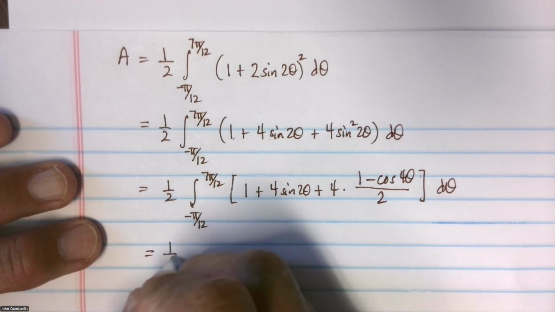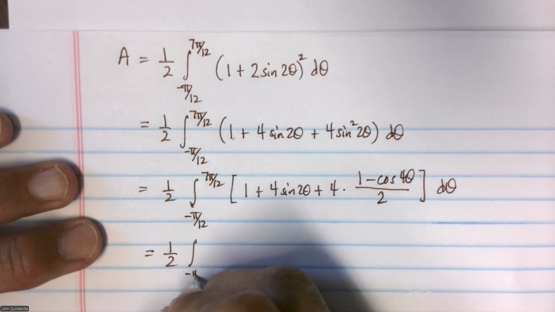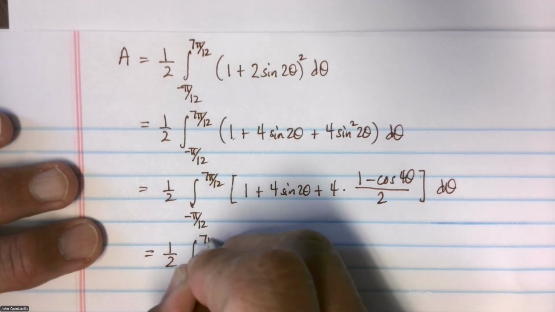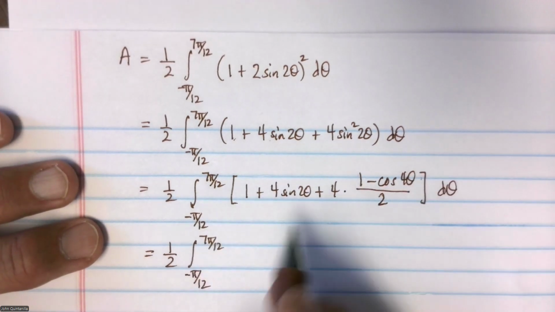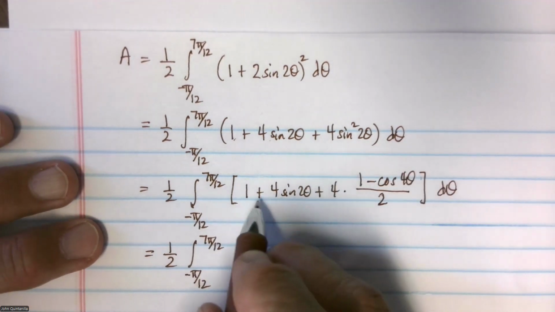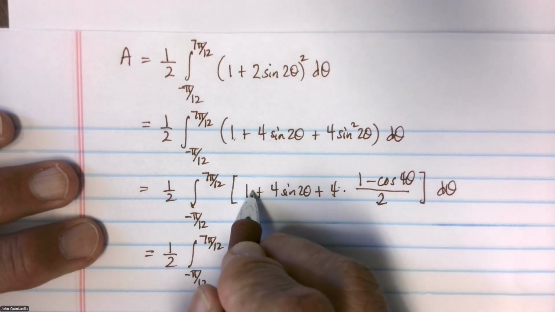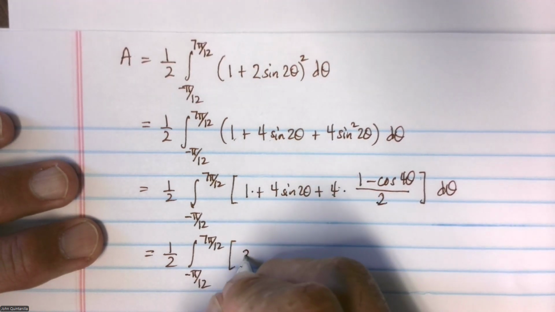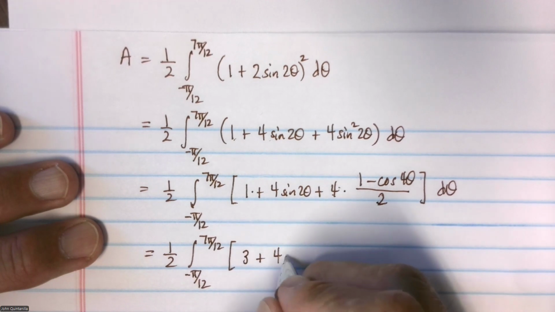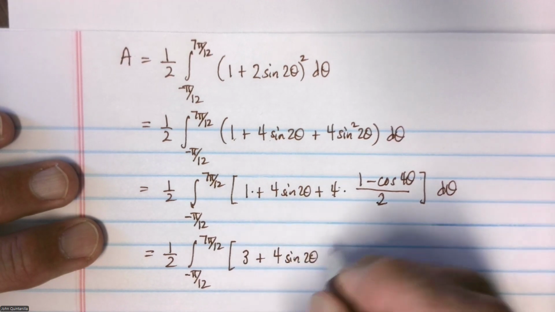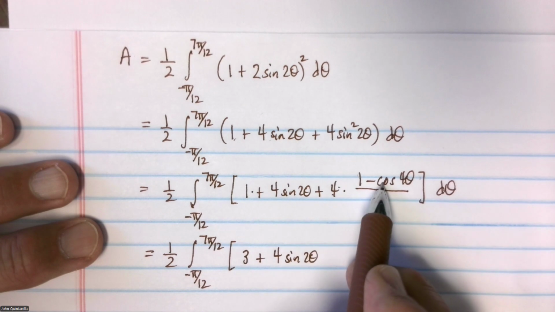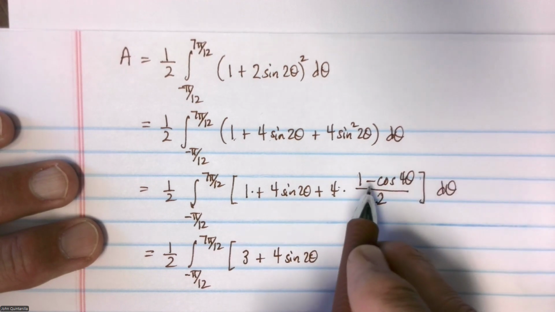So I get 1/2 integral from negative pi over 12 to 7 pi over 12 of, okay, let's see what we get here. So here I have 4 times 1 divided by 2. That's 2 plus the 1 out here. That gives me 3. Plus 4 times the sine of 2 theta. Then I have 4 times cosine divided by 2, and it's negative.